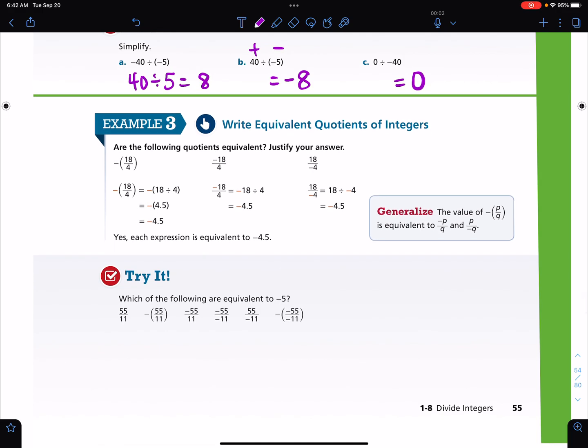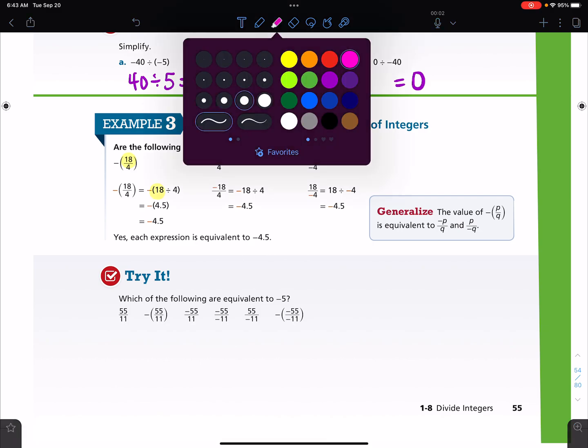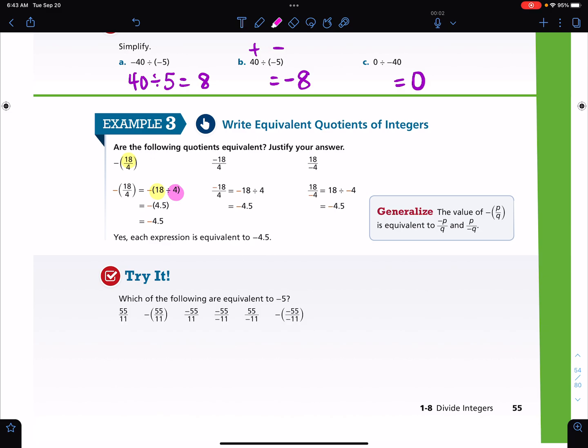All right, so this one is just division written as a fraction. We've covered this before: the top number divided by the bottom number, so it's the numerator divided by the denominator.